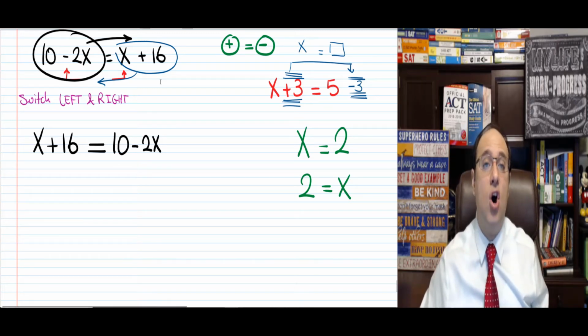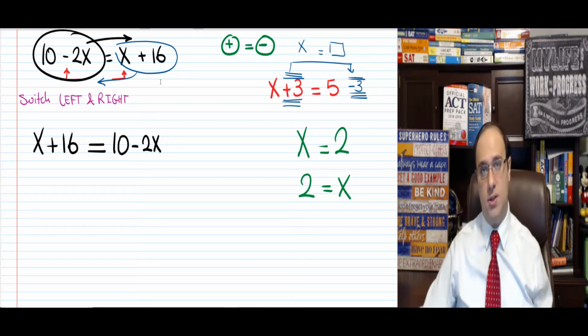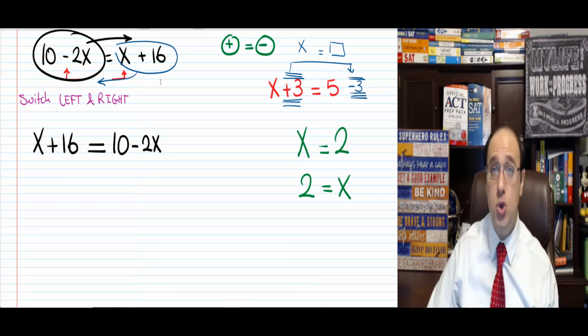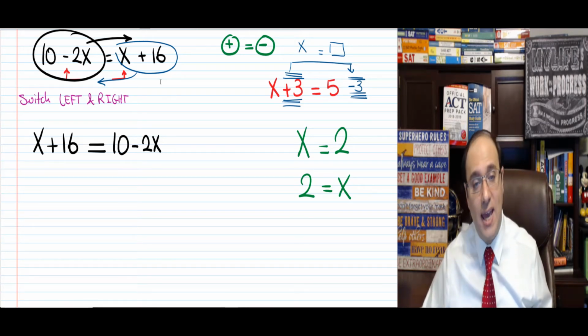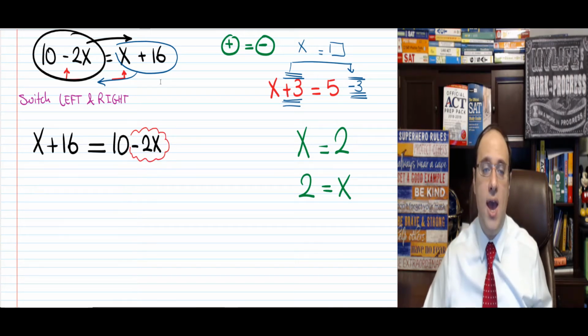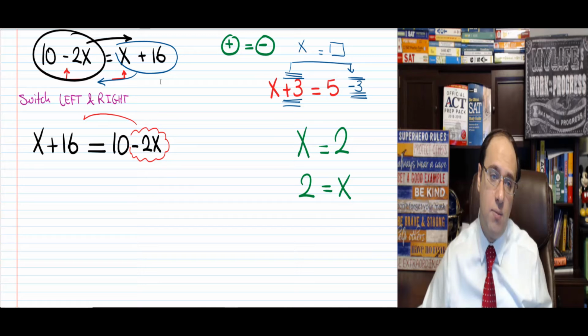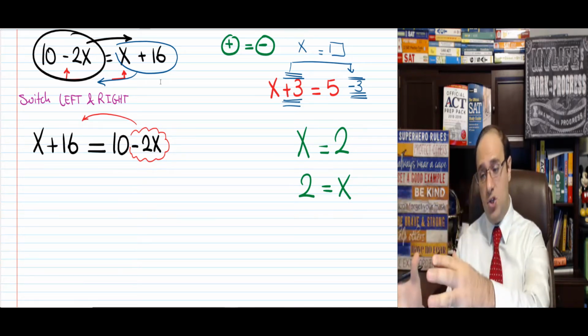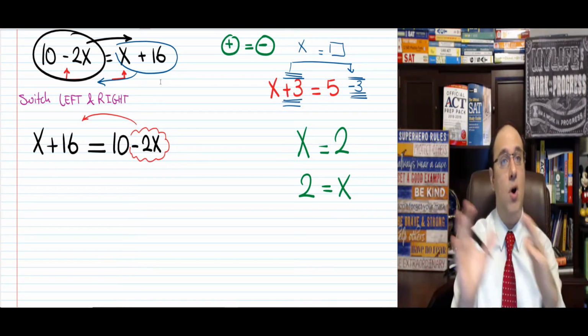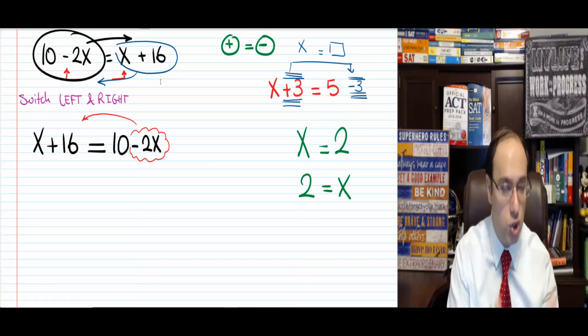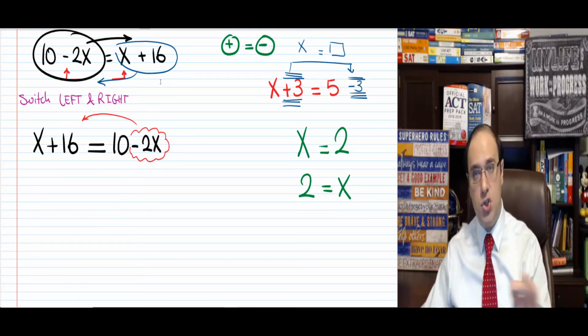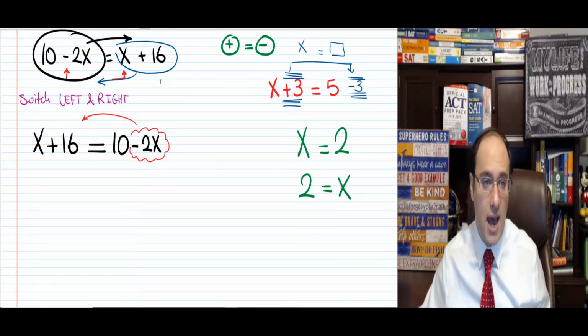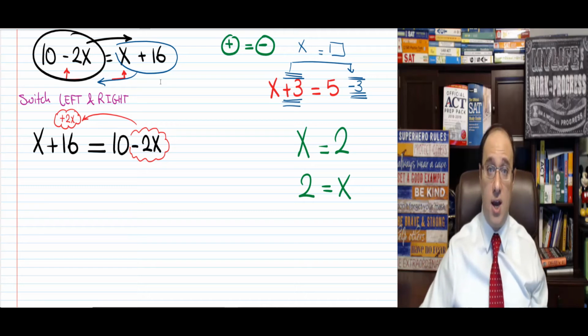I want to get all my x's on one side. In order to do that, I must get rid of the minus 2x from here and move it to the other side by itself, so that the minus 2x goes on the left, because I want all my x's on the left. Good. Now, minus 2x goes to the other side as plus 2x. Remember, because we're only moving a part, we have to change its sign.